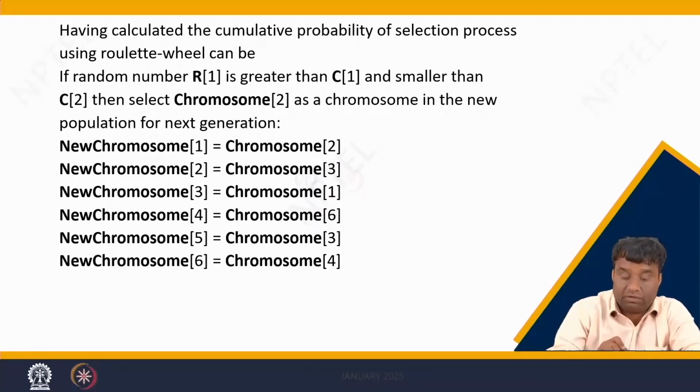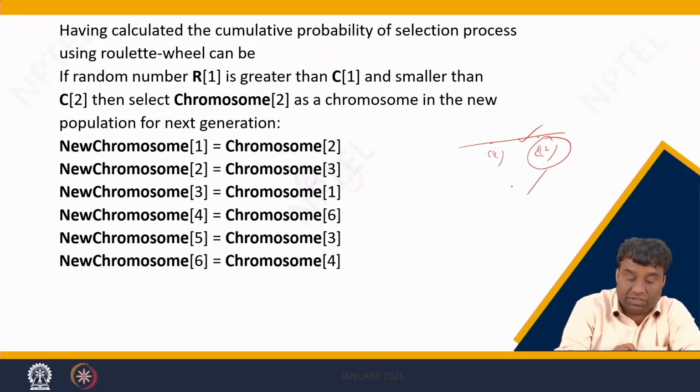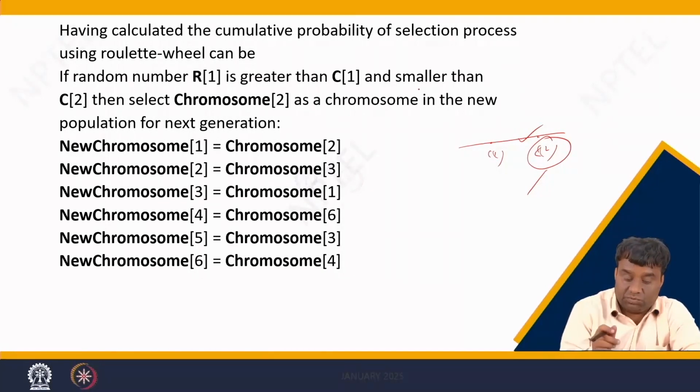Having calculated the cumulative probability, in the roulette wheel selection, this is C1, this is C2. If the random number R1 is greater than C1 and smaller than C2, then chromosome 2 is selected for the next population. So here we have used some random numbers, and we select chromosome 2.